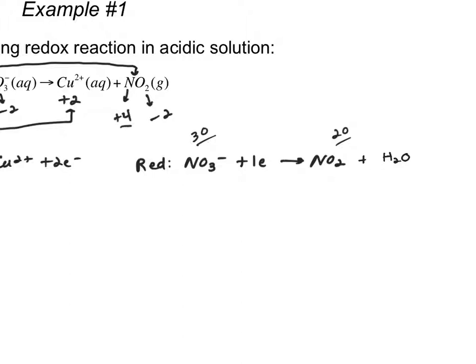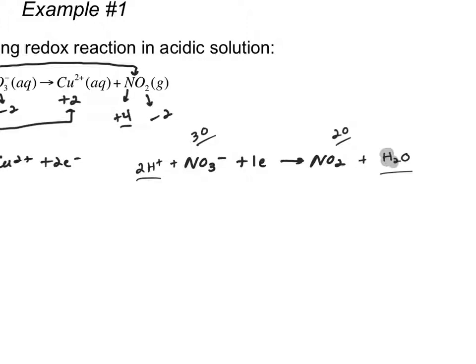But now what is the problem? I have introduced 2 hydrogens, okay? So to balance those, all we have to do is go back over to our reactants and add an equivalent amount of protons, okay? So now, if we've added our protons, we've added our waters, everything is balanced with respect to mass.